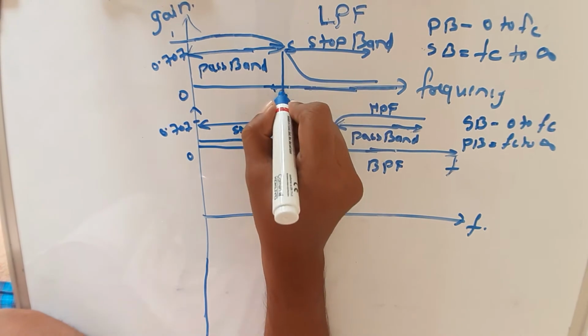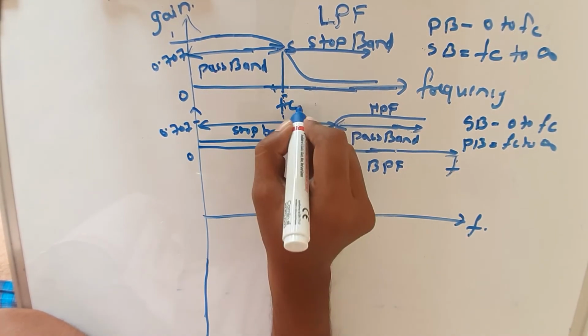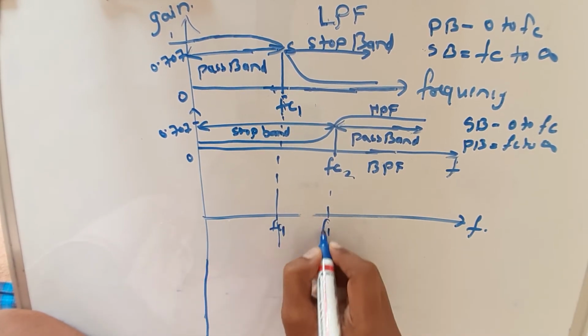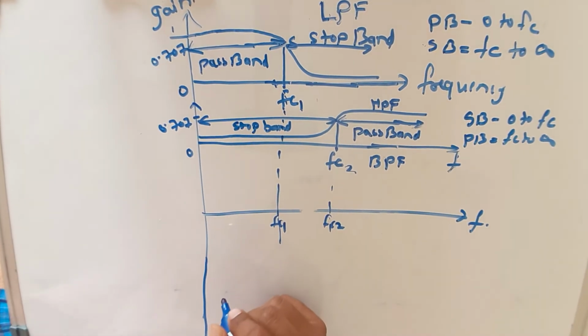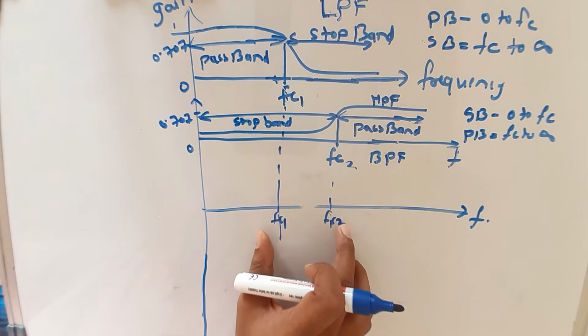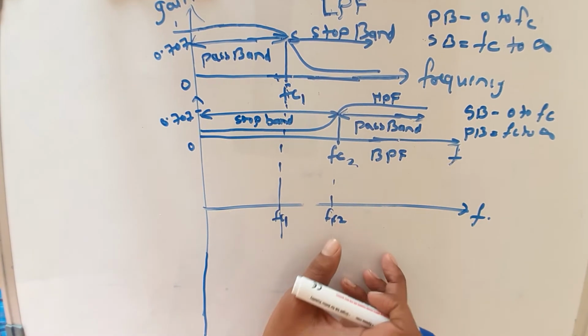I will take the projection of this and mention FC1 and FC2. For the band pass filter, the gain must be maximum in between the two cutoff frequencies FC1 and FC2.